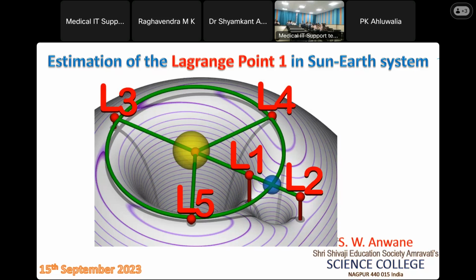This mission is set to venture closer to the sun than any previous Indian space mission. Positioned at the L1 Lagrange point, which provides an ideal vantage point, Aditya L1 aims to study the sun with unprecedented precision and depth.